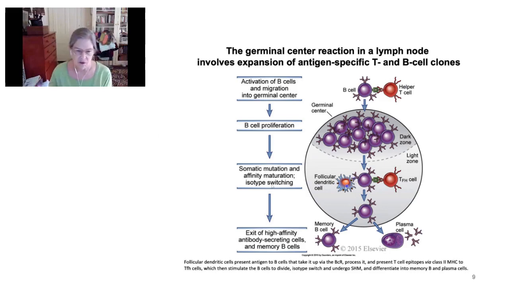And they'll also undergo isotype switching, and they'll also create these plasma cells and memory B cells. The plasma cells will become long-lived producers of antibody. So they'll move either to the bone marrow or, if possibly, the gut, and become long-lived secretors of antibody.